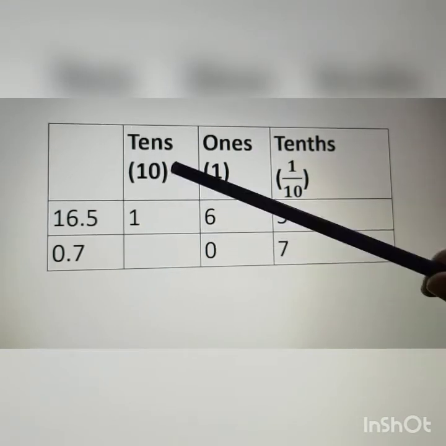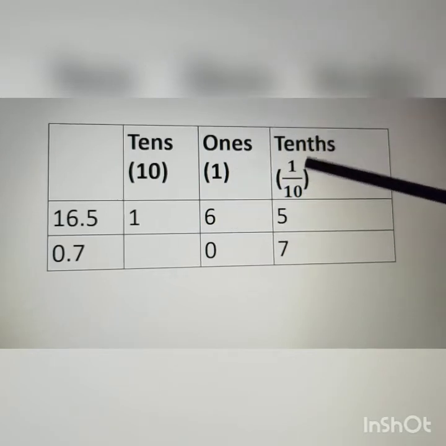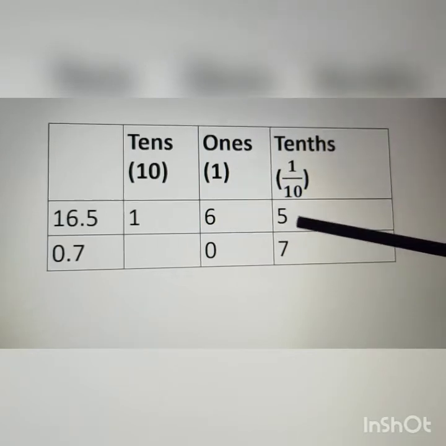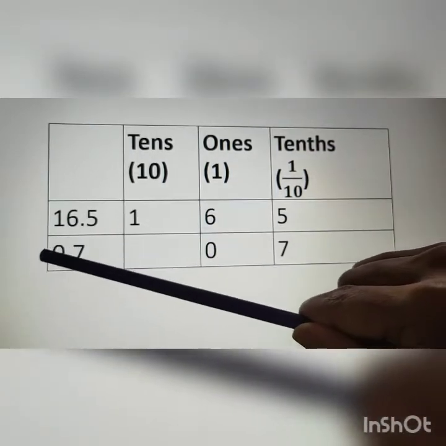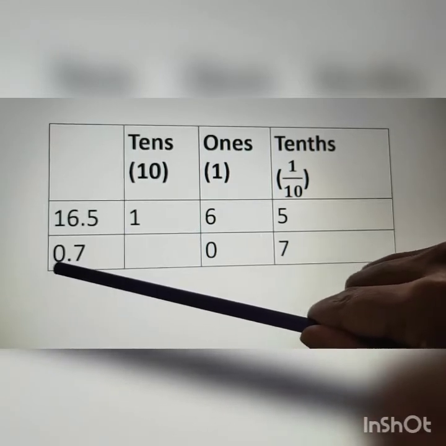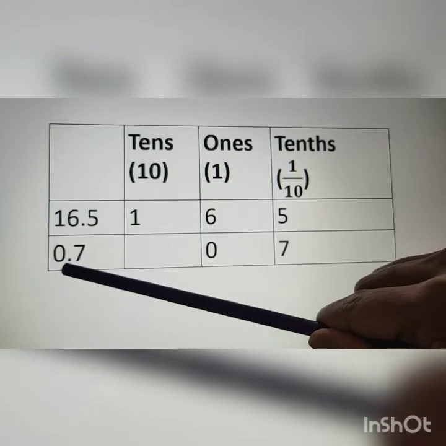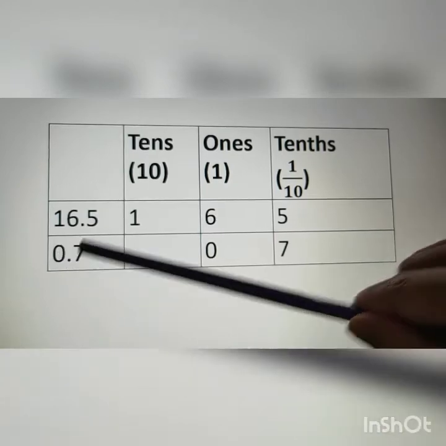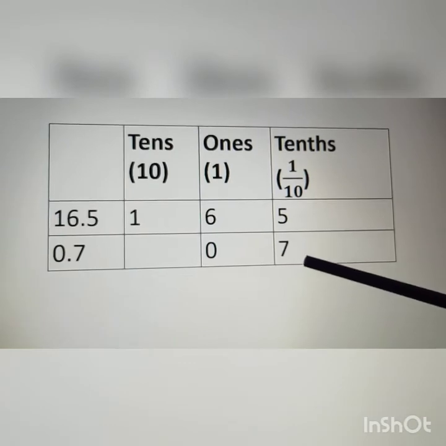So we can write 10 into 1 plus 1 into 6 plus 5 into 1 upon 10. That is 16.5. Next example 0.7. Here the place value of 0 is ones and place value of 7 is tenths because it is after the decimal point. So 0.7, that is 7 upon 10.